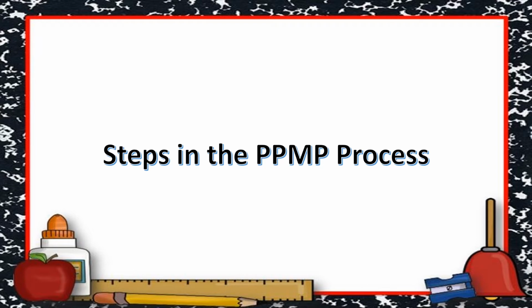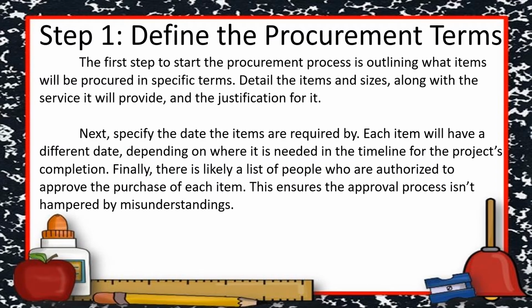Steps in the PPMP process. Step 1. Define the procurement terms. The first step to start the procurement process is outlining what items will be procured in specific terms. Detail the items and sizes, along with the service it will provide and the justification for it.